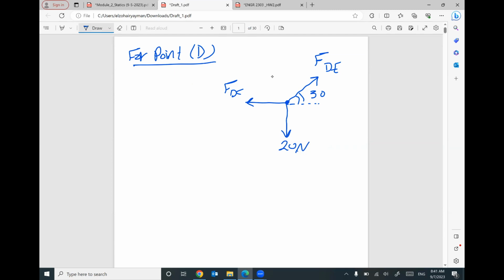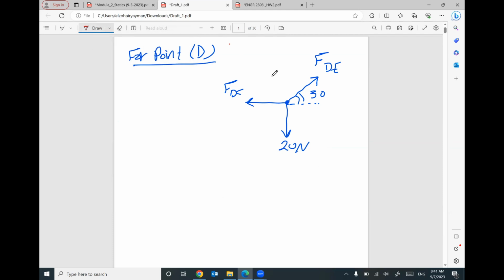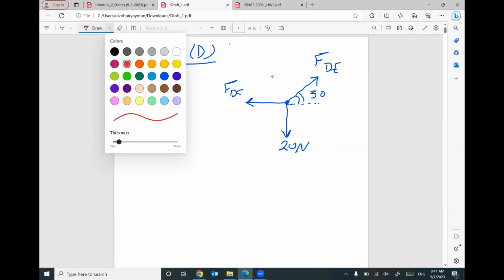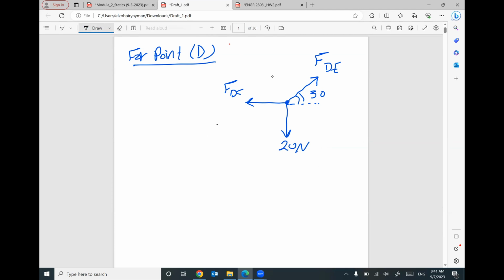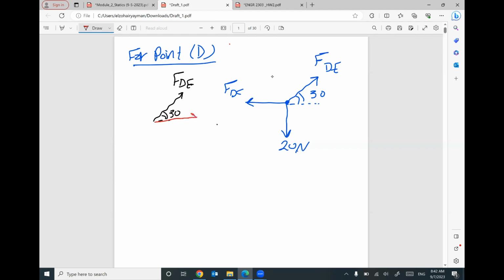Do you remember what the first step was to solve these equilibrium problems? I will break each force into two components. Let's start with FDE with angle 30. This force will be broken into two components, one horizontal, FDE cosine, and one vertical, FDE sine.